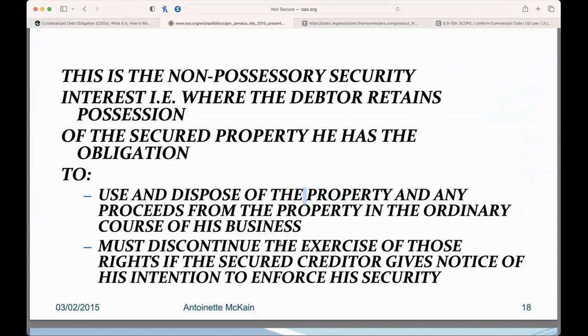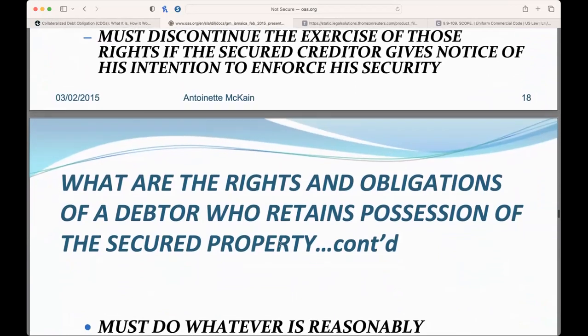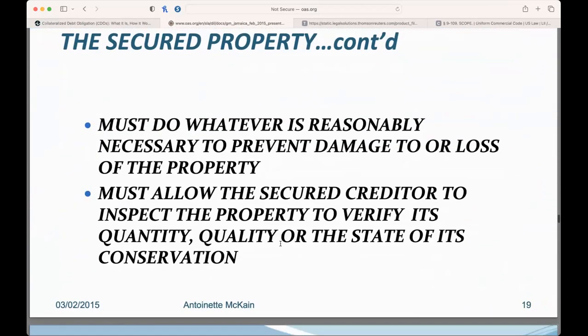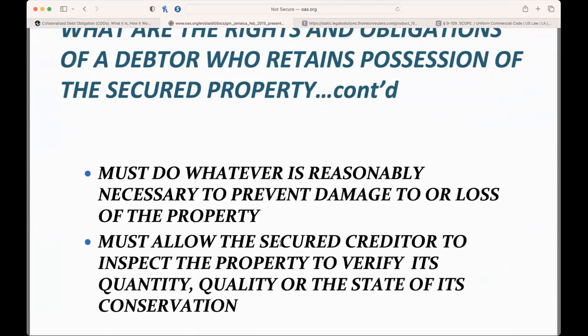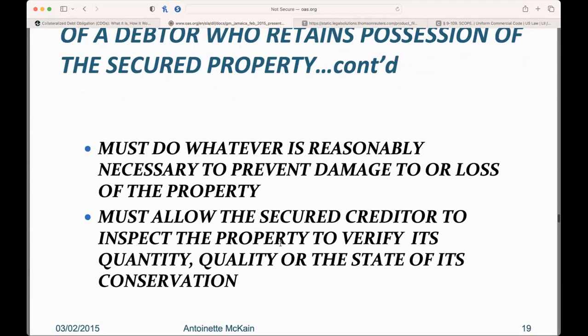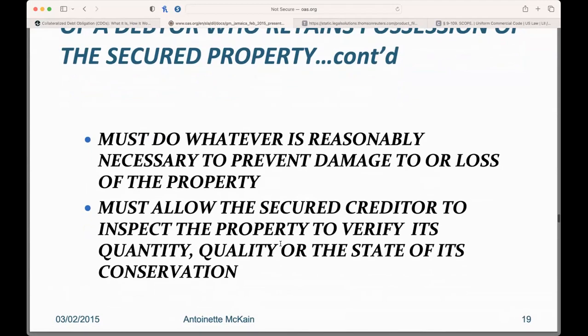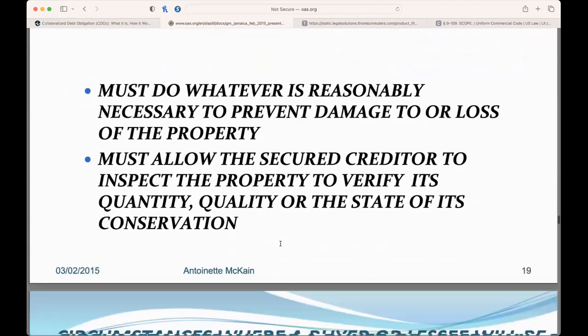Must discontinue the exercise of those rights if the secured creditor gives notice of his intention to enforce his security. Must do whatever is reasonably necessary to prevent damage to or loss of the property. Must allow the secured creditor to inspect the property to verify its quality, or the state of its conservation.